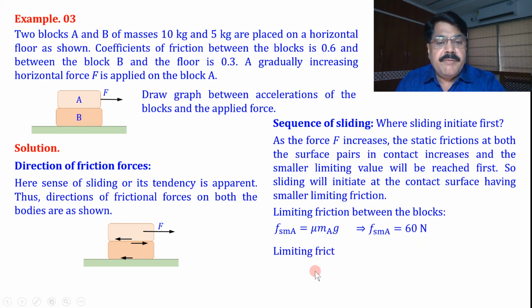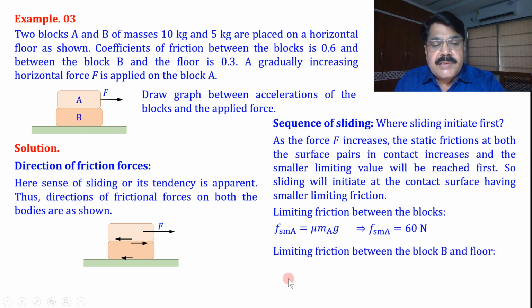Now the limiting friction between block B and the floor, we designate it by f_sB. It is mu times (m_A plus m_B) times g. Here mu is 0.3, so 0.3 into (10 plus 5) into 10. So again you can see it is 45 Newton.